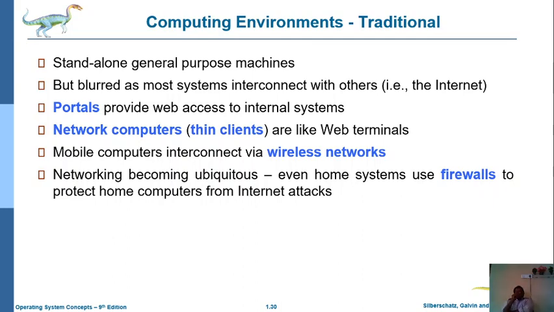These firewalls are used to protect computers, whether for home or any other purpose, from attacks. So the major difficulty here is security. Anyhow, these are some simple examples and information about traditional PCs.